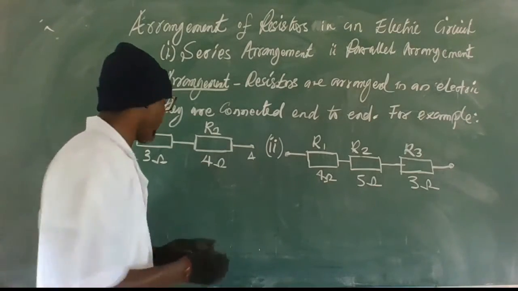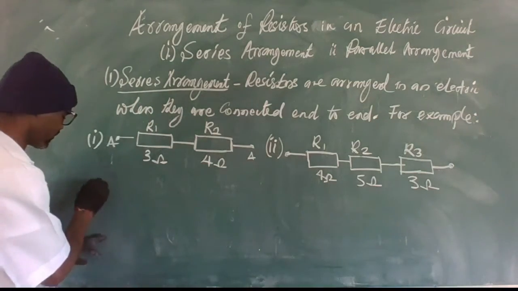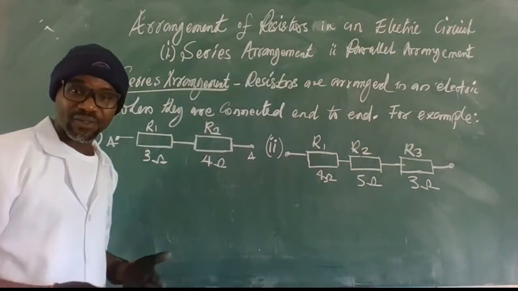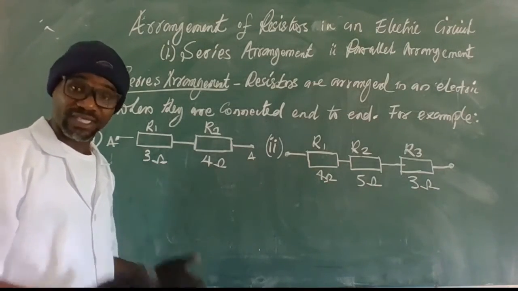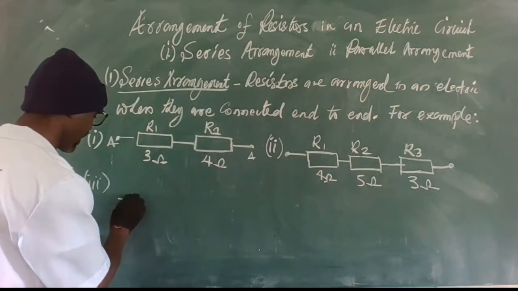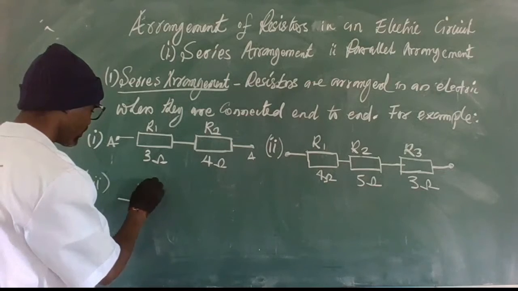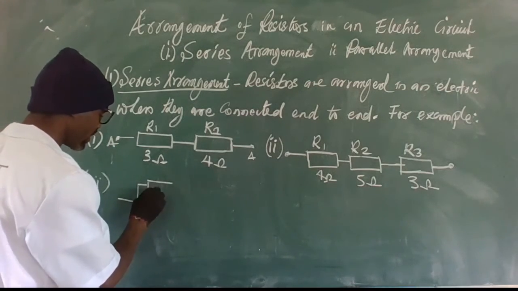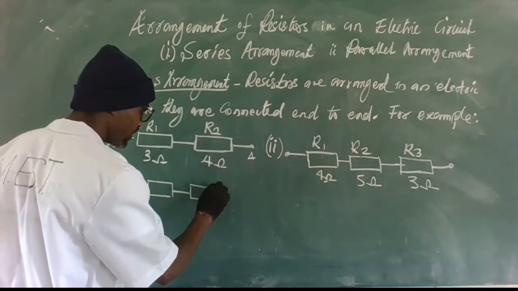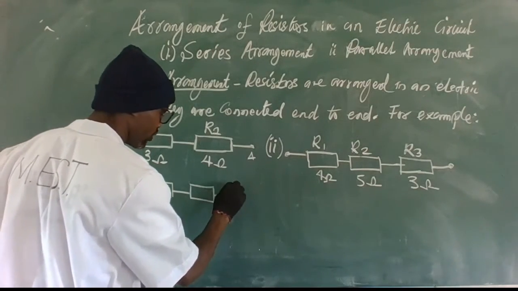What if we have the third one? We have another diagram representing series connection of resistors. Maybe it looks like this, something like a chain connection.